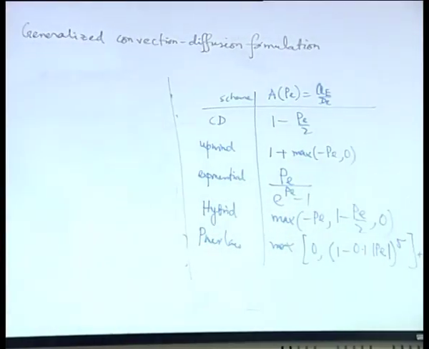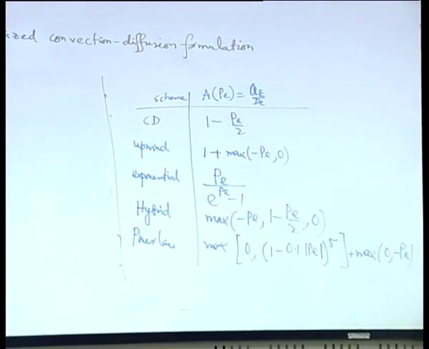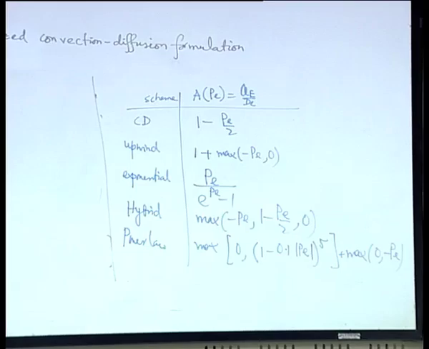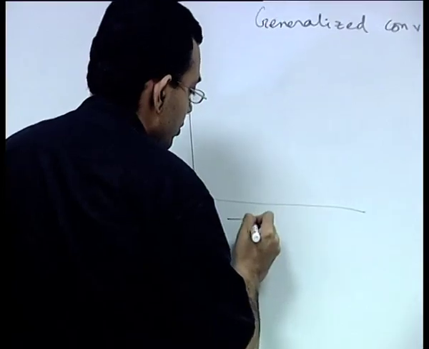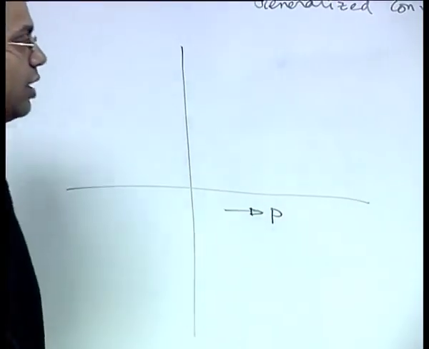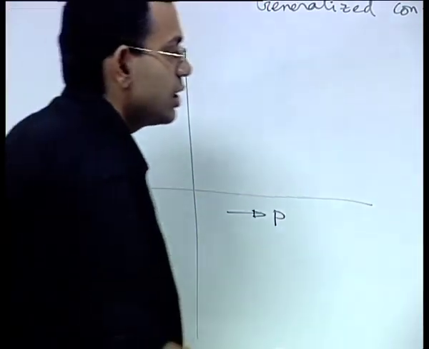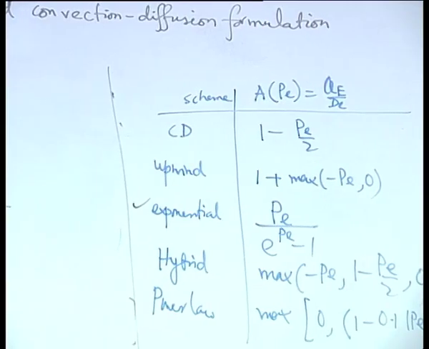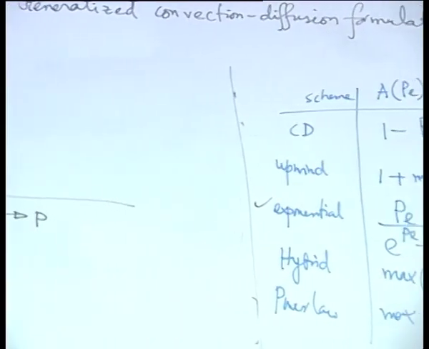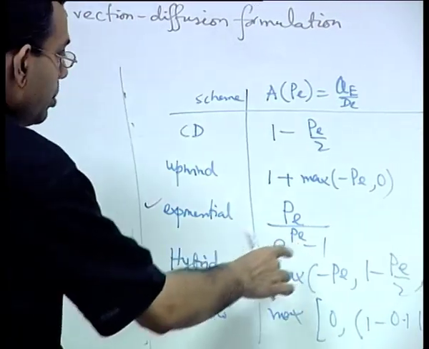Just to see qualitatively how you can have a variation of A and B, let us make a plot of A and B as a function of Peclet number corresponding to the exponential scheme. So, let us plot P by e to the power P minus 1.